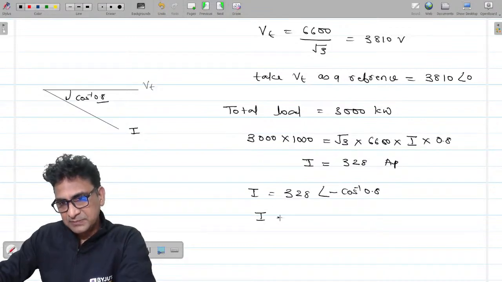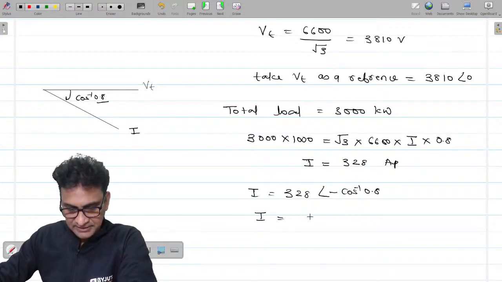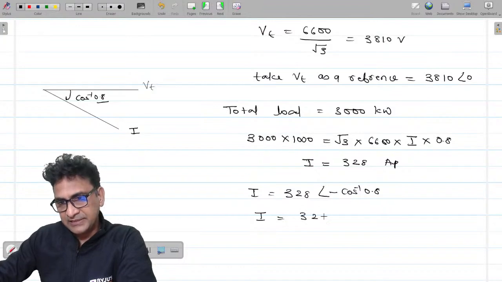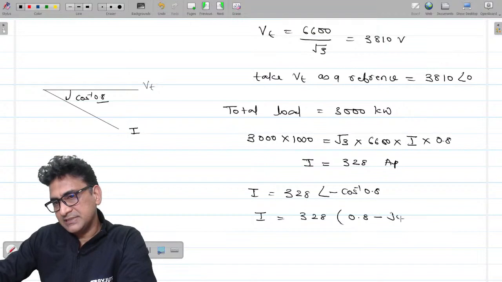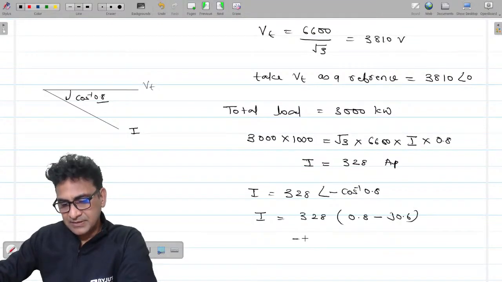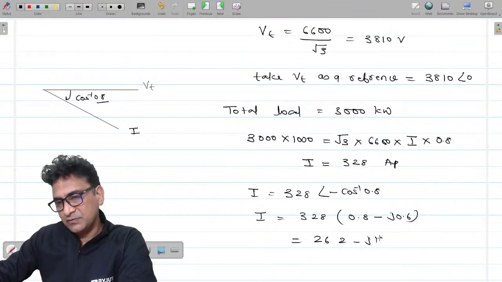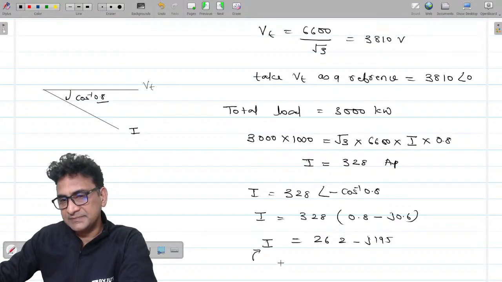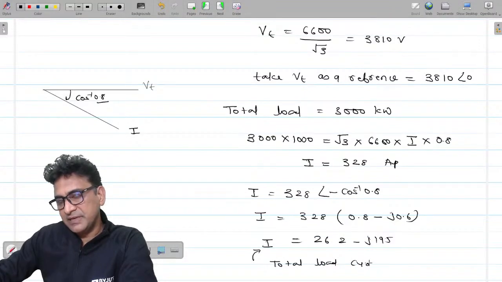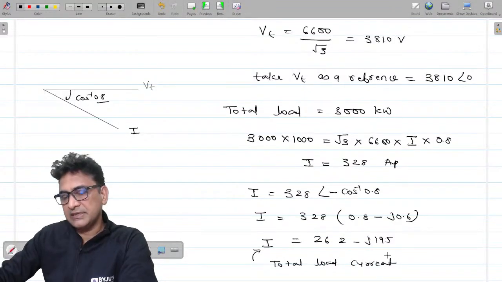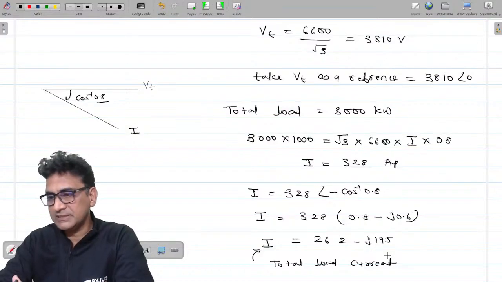If you convert this polar quantity into rectangular quantity, you will get 328 into 0.8 minus j 0.6, it is 262 minus j 195. This is the total value of load current. Is it clear? Total load current is given by alternator A plus alternator B simultaneously.